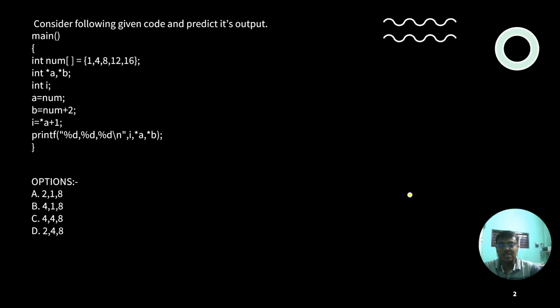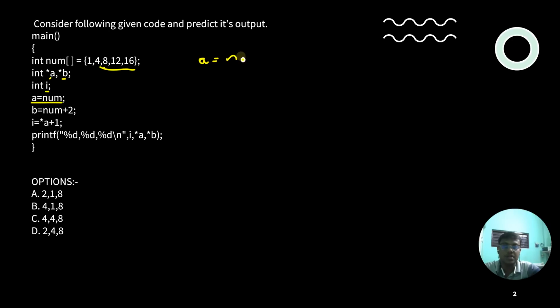So this is our first question, a question from the pseudocode section. As you can see, we have been given an array and two pointers A and B and an integer I. So in the first operation, A is assigned with num.